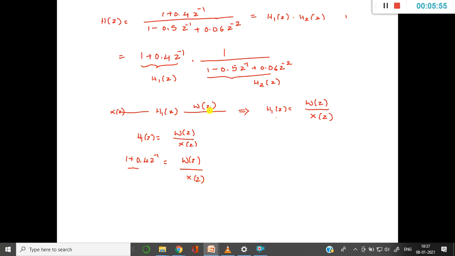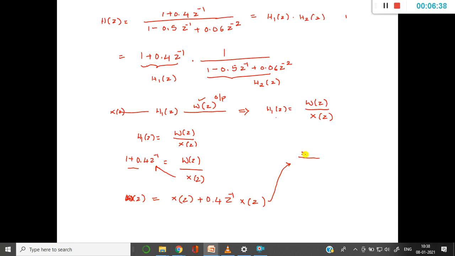Now what is to be implemented? This is my output, the temporary or intermediate output. I need to write W of z in terms of X of z. So cross multiply these two. W of z is equal to 1 into X of z, which is X of z, plus 0.4 z inverse X of z. This is quite easy for me to implement here. I'll show you how to implement to get W of z, the intermediate stage.